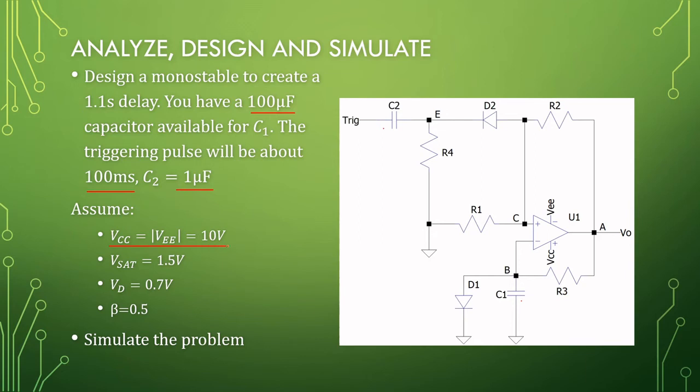Right, assume that we have rail voltages of plus minus 10 volts. Op amp saturates 1.5 volt, diode voltage 0.7, designed for a beta value of 0.5. When you're done with that, simulate the problem and see what you come up with. Pause the video and I will be with you for the solution in a moment.